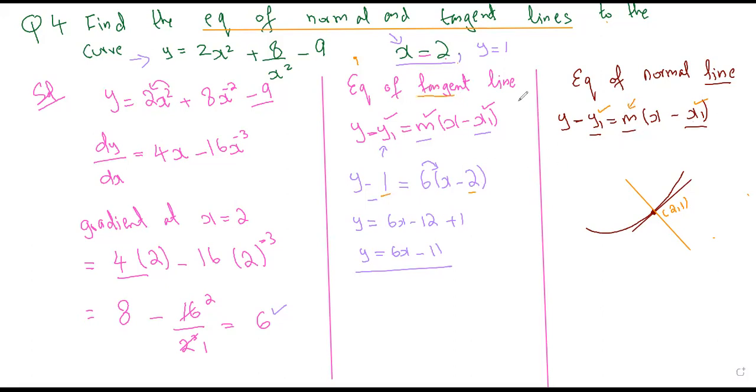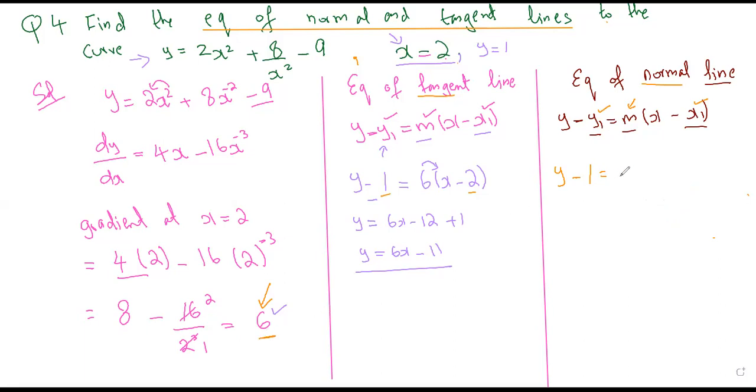So for this, we are going to use the relationship of normal and tangent lines, which I told you before starting this question. Now, think about it and tell me what is going to be the gradient of this normal line, given that the gradient of the tangent line was 6. Minus 1/6. Very well done. Excellent. It would be the negative reciprocal. Very good. So y minus y1, that is 1, equals the negative reciprocal of the gradient of the tangent line, that was 6.